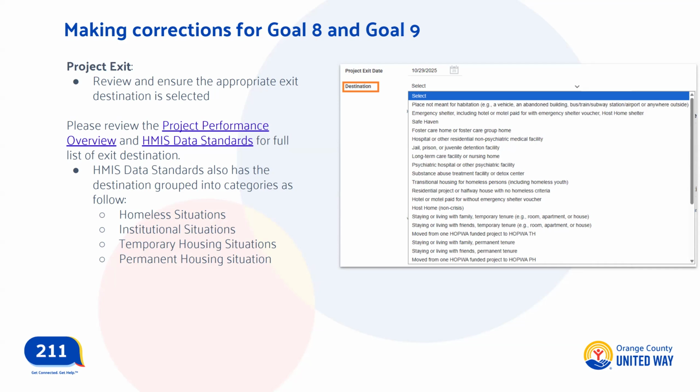And in reviewing the data standard for a full list of exit destinations, at the very end of the document there is a list of the different exit destinations and additional guidance on what each destination means, as well as categorizing them in the situations listed below, which are homeless, institutional, temporary, and permanent housing situations.